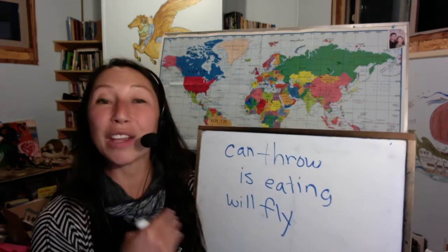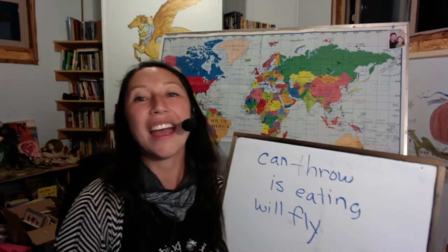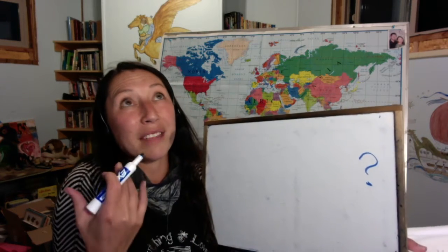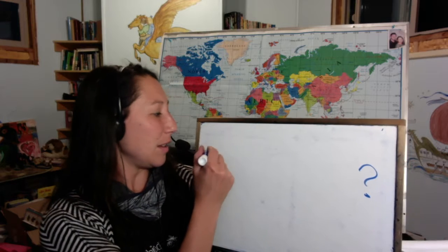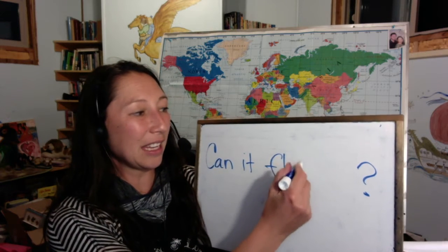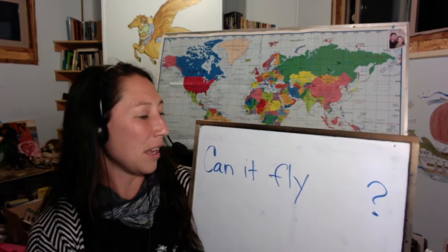So don't forget your whole verb phrase. Don't forget your helping verbs. Another thing that can be tricky is when you have sentences that end in a question mark, those interrogative sentences. Can it fly is an interrogative sentence right there.